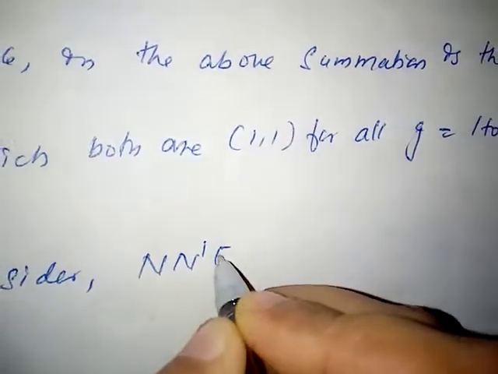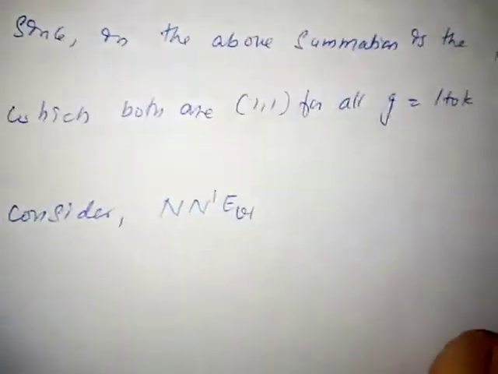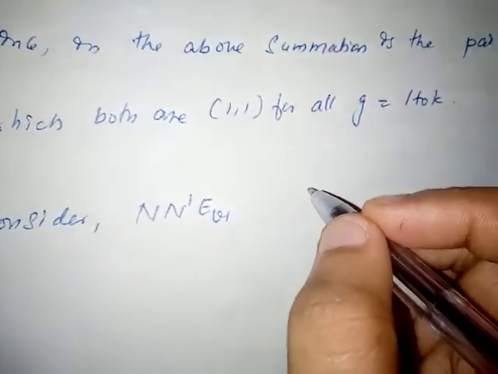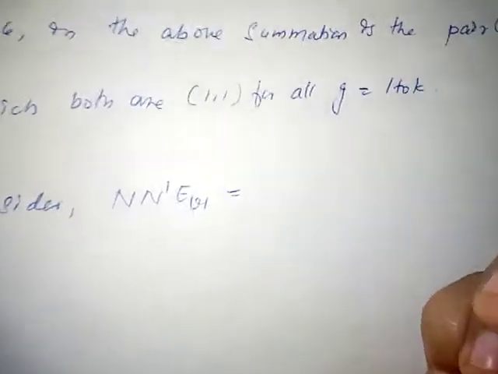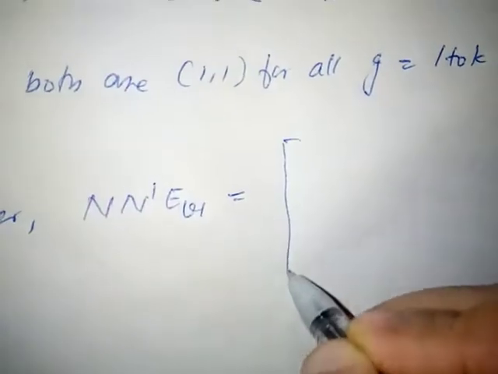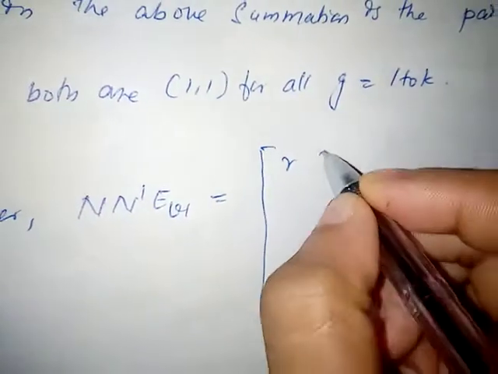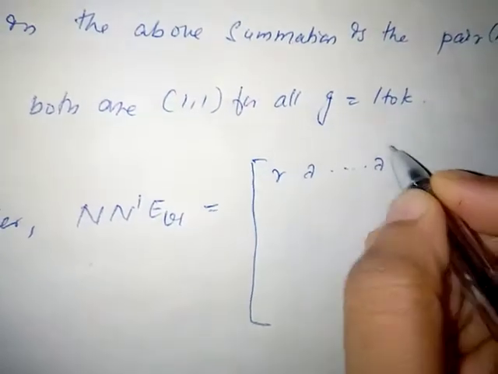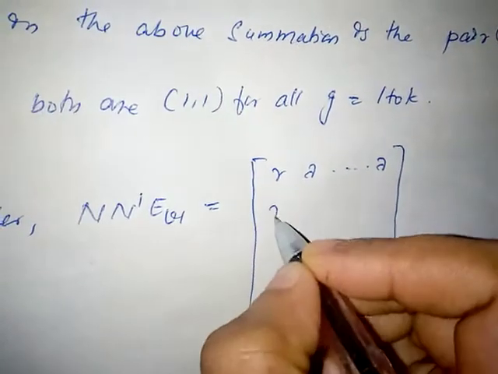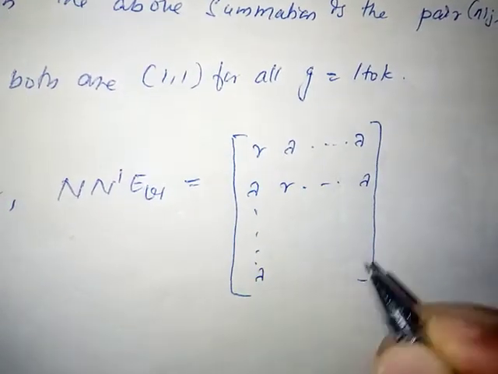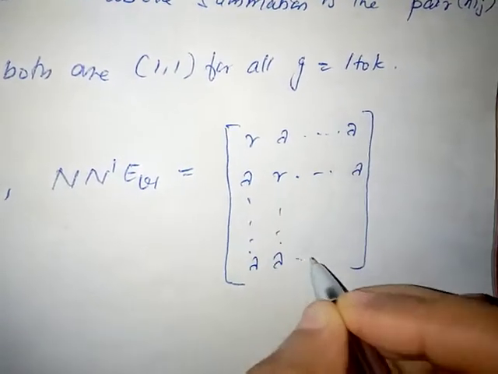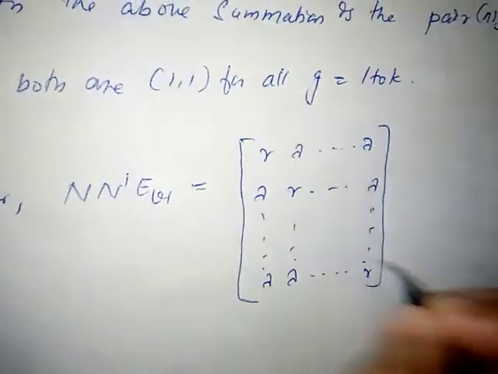N N transpose E_v1, which is equal to, what is N N transpose? N N transpose equal to the matrix with r, lambda, and so on, lambda; lambda, r, and so on, lambda; similarly, lambda, lambda, and so on, r, right?